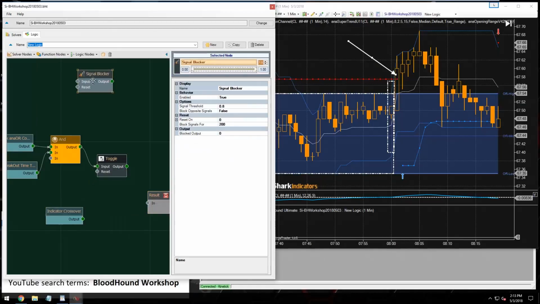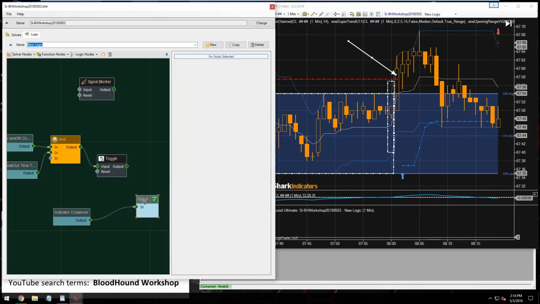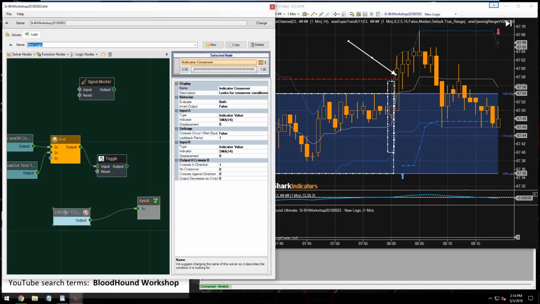I'm going to need this signal blocker later, but let's get it out of the way. Okay, so the crossover.